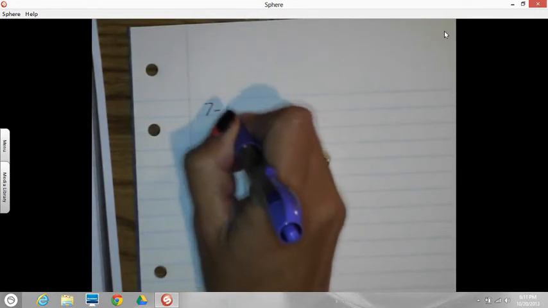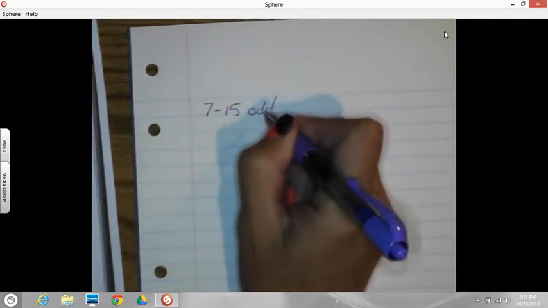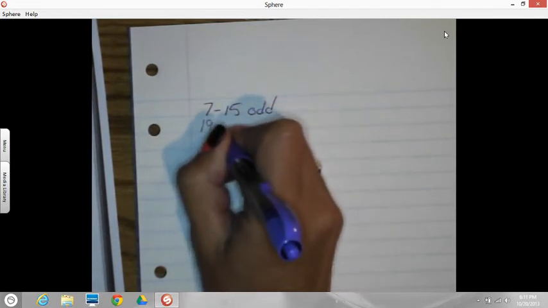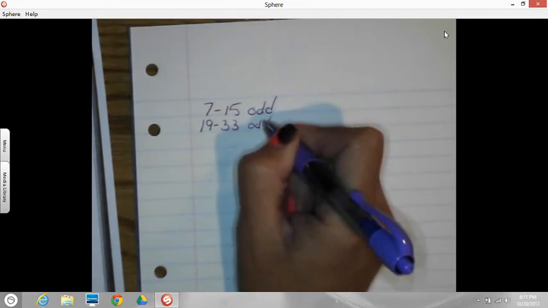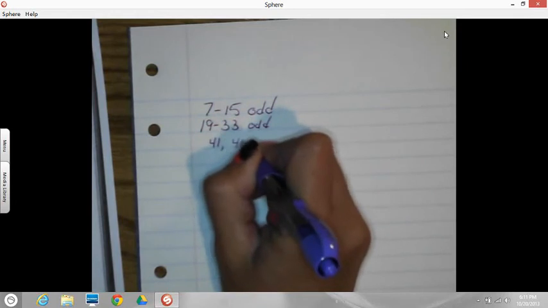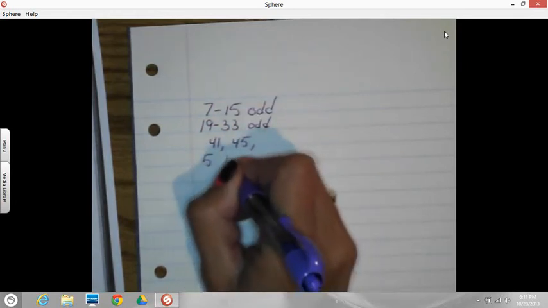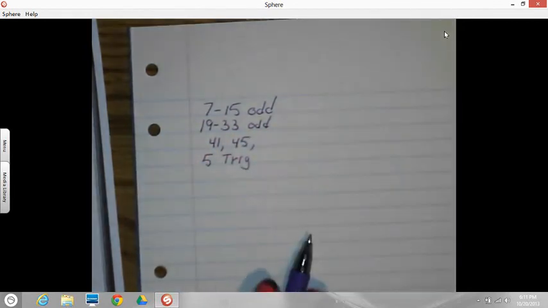You are going to do, let's see, 7 through 15 odd, 19 to 33 odd, 41, 45, and then the 5 trig problems that I wrote on there. Okay, good luck with your chain rule.